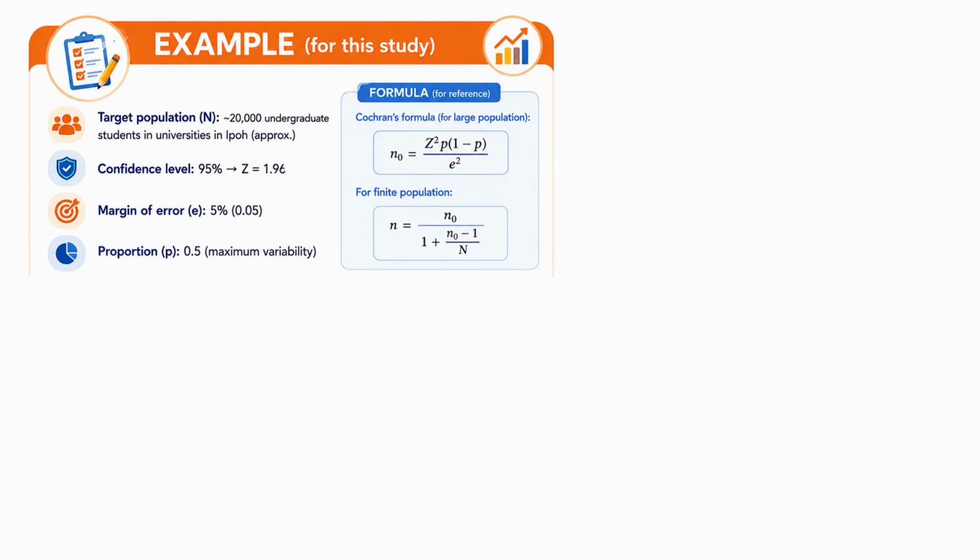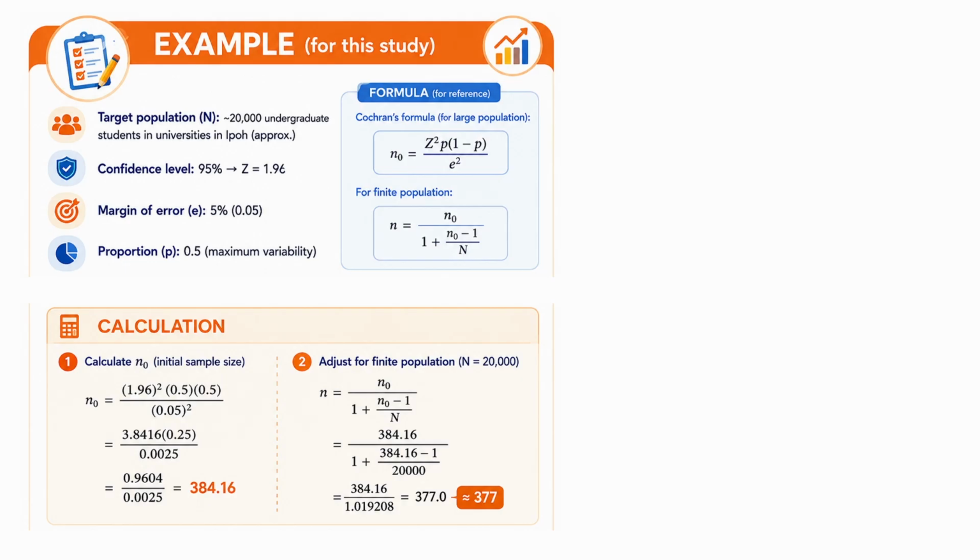Example for this study: the target population is 20,000 undergraduate students in universities in Ipoh. Confidence level is 95%, so the Z value is 1.96. Margin of error is 5% or 0.05. Proportion is 0.5, that is the maximum variability.